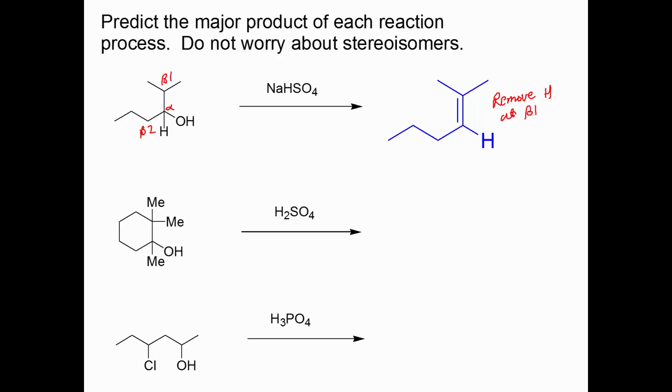If we remove a hydrogen from beta 2, we would get this compound here as a mixture of cis and trans, and this we're not going to obtain. This is only going to be its minor because it's less substituted, okay?